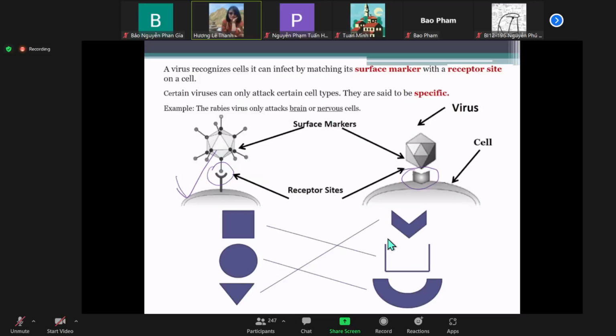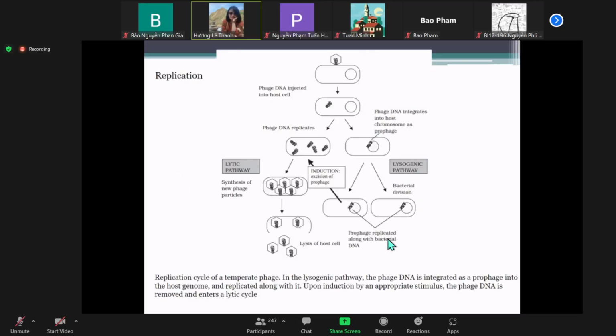Next, although they are very simple, how can they replicate? First, they can only replicate inside a living host cell. There are two pathways: the first is the lytic pathway, and the second is the lysogenic pathway. I think you have already learned it in high school.